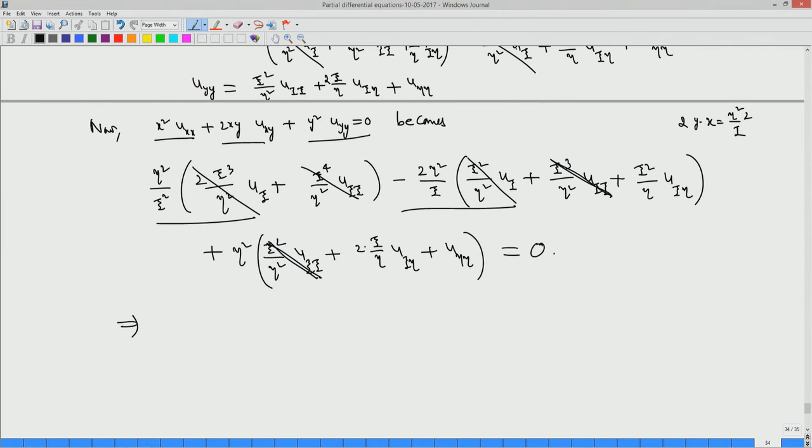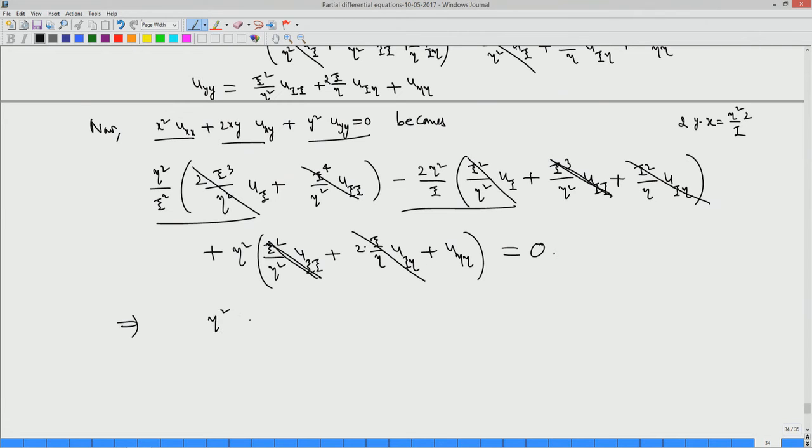So what you are left with is simply, and you have one more term. So this one, eta goes, xi goes. So what you are simply having is 2 xi eta minus 2 xi eta u xi eta here plus 2 xi eta. So this will go. So finally, everything is gone except the last term.